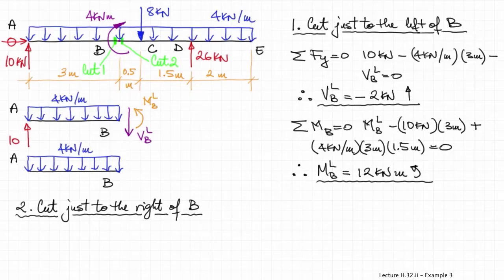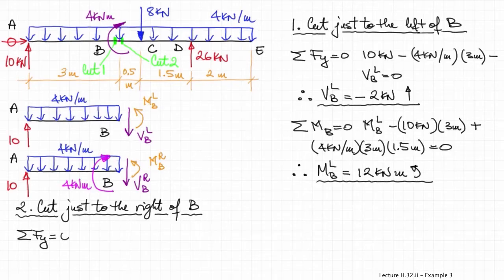Because we have cut to the right of B. So this is the moment at B, the reaction force at A, and of course the internal forces, shear force and bending moment, with their positive directions as usual.